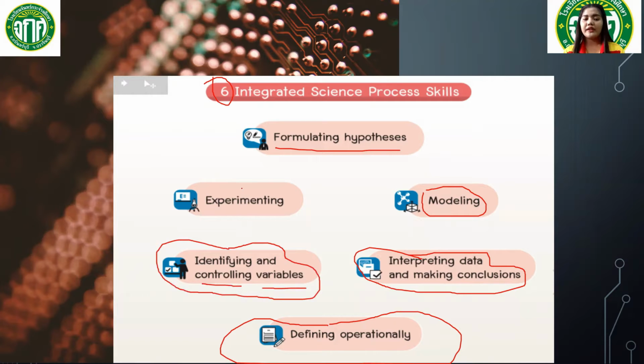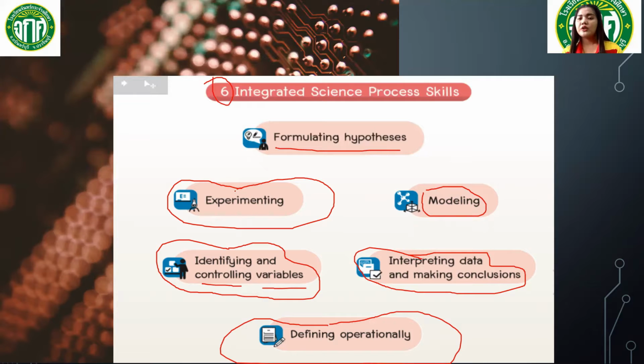And the last one, number 6, we have experimenting. Those are the 6 integrated science process skills.